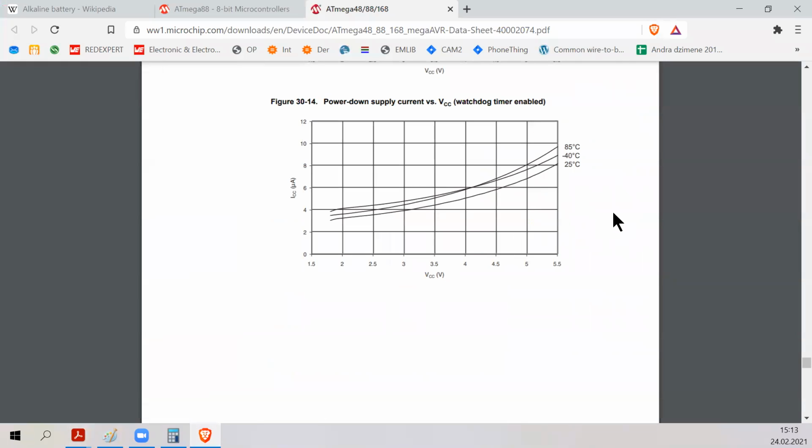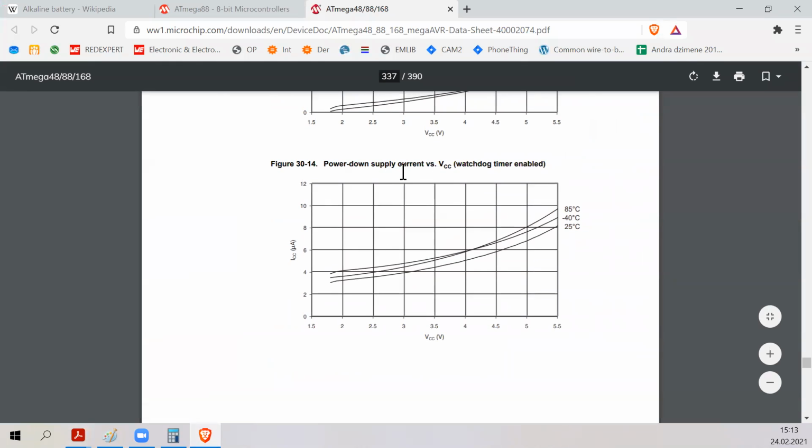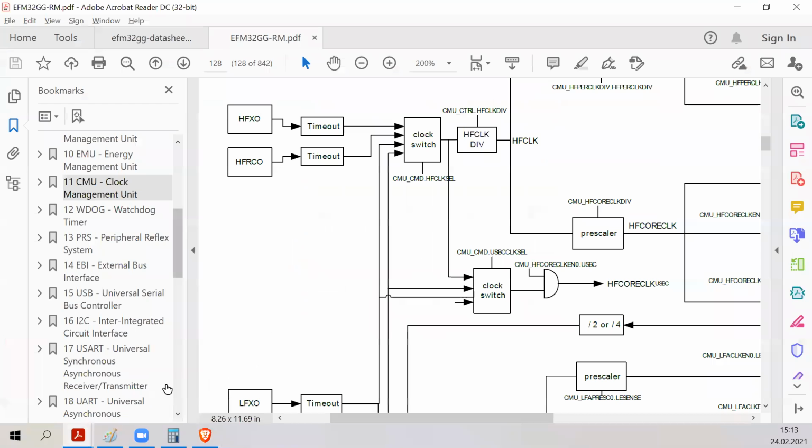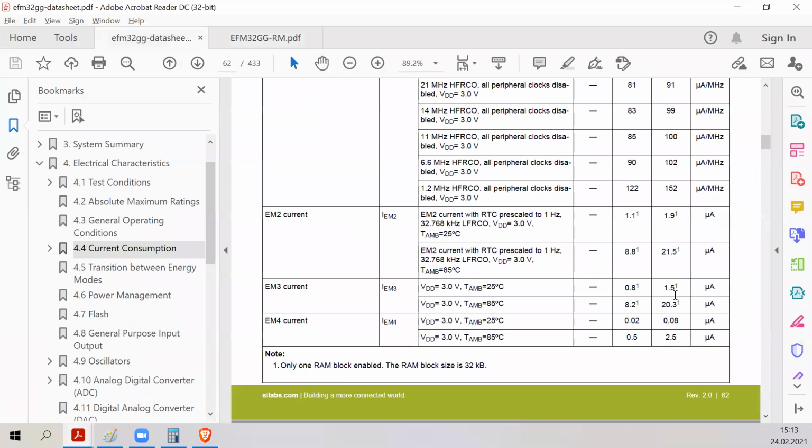And can you guess why it's true that old processor has lower leakage current, lower power consumption in low energy modes at high temperature, whereas the newer processors have higher power consumption at high temperatures? Why is that the case?